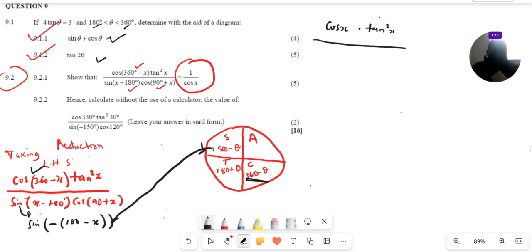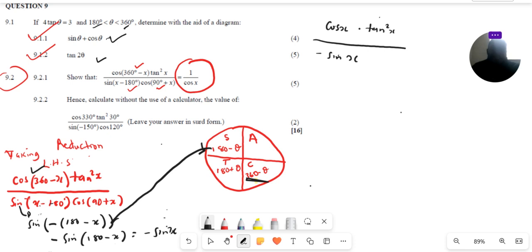Sine of a negative will always give you a negative sign, then 180 minus x will automatically give us a sine x. It would have been positive, because under this, 180 minus x is sine theta. But don't forget, there is a negative here. That's why I'm having a negative sine of x.